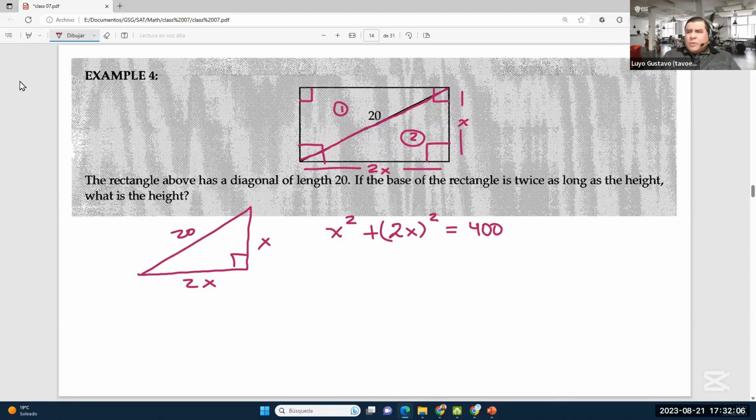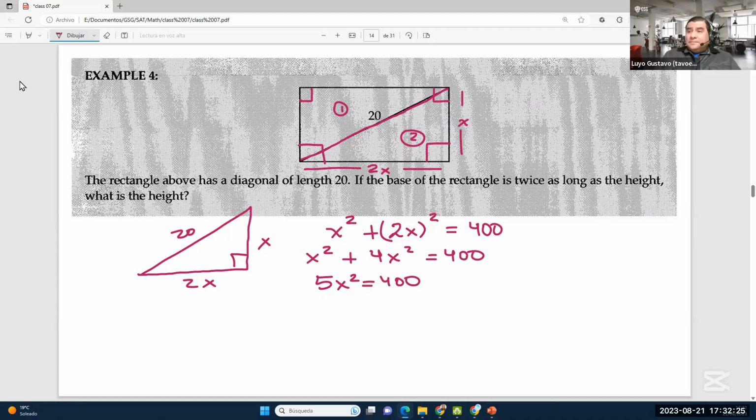So can we solve this for x easily, right? Because we have seen how to solve quadratic equations. This is 4x squared equals 400. And thus 5x squared equals 400.